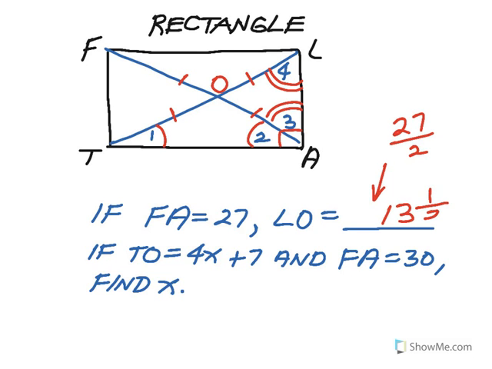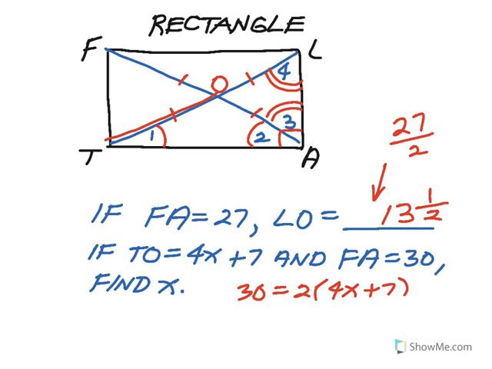Okay, in the next one, if TO, so the diagonal going from here to here, that segment of the diagonal is 4x plus 7, and FA is 30, find x. Well, 30 should be twice TO, right? So I can write a little equation. 30 should be 2 times the length of TO, because each of those is half of a diagonal.